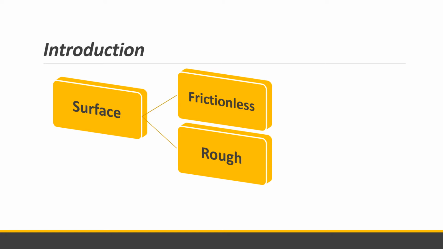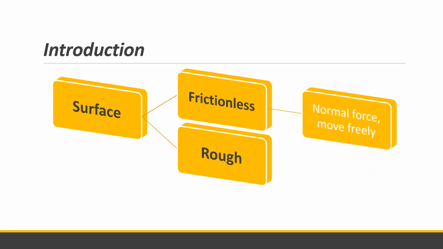So if they were frictionless, the force each surface exerted on the other was normal to these surfaces, and the surfaces could move freely with respect to each other. Walang resistance, so yung reaction niya is normal force lang.